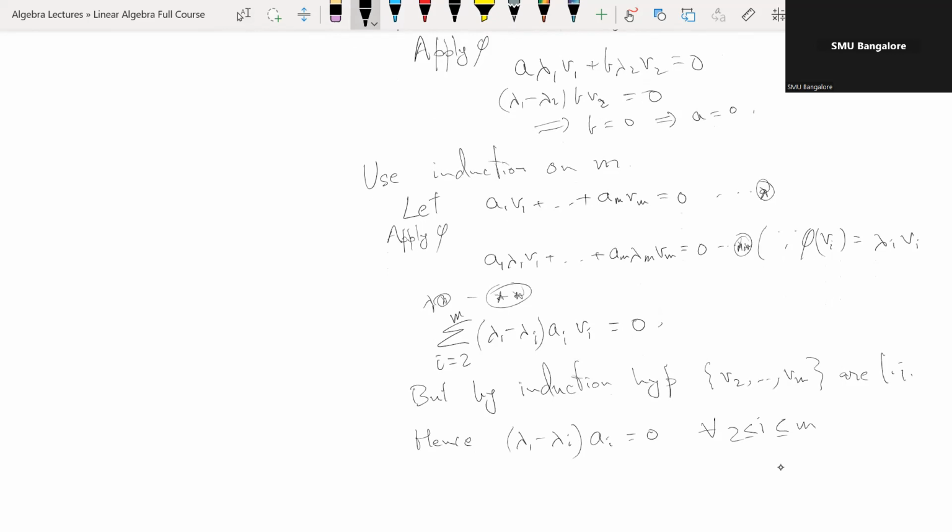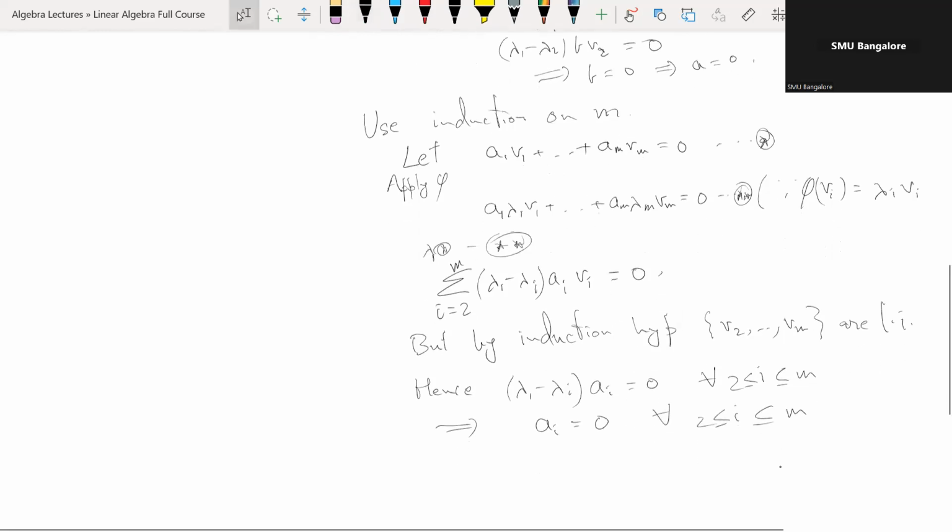But the first factor is non-zero because we are assuming all the lambda i are distinct. So this implies ai is 0 for all i between 2 and m. But then a1 also must be 0: if a1 is non-zero, then the left-hand side would not be 0, so this also implies a1 is 0.